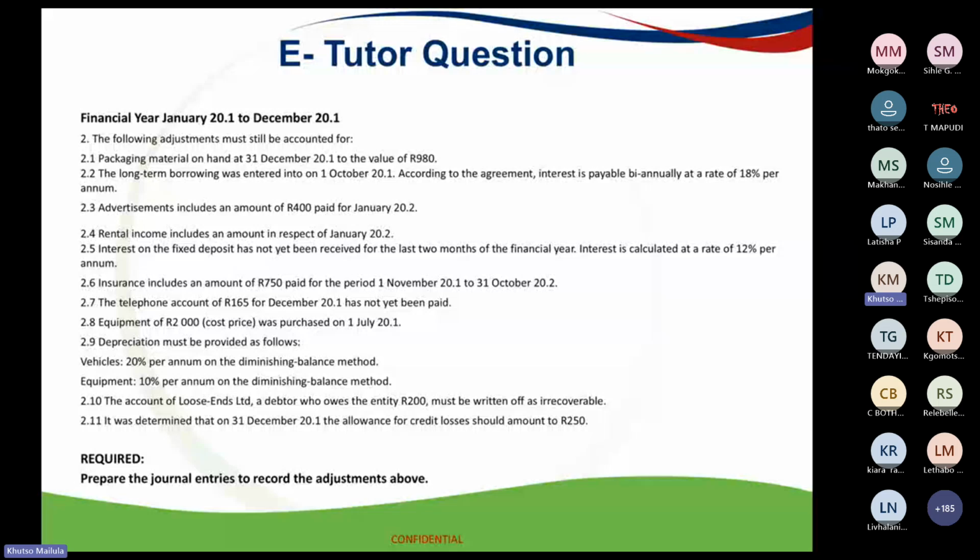Are we getting answers? Okay, so we have debit equipment, credit bank of 2,000. Then the depreciation part, is anyone doing the depreciation part? That's 2.8, the accounting for what we've purchased, which should have originally been included there.